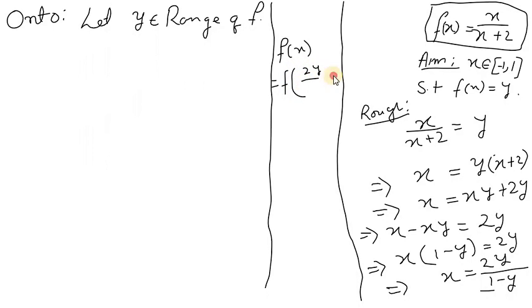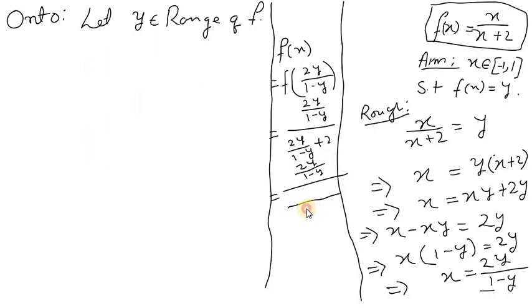So this x/(x+2) means [2y/(1 - y)] divided by [2y/(1 - y) + 2]. You solve the denominator: the LCM is 1 - y, so 2y + 2(1 - y) = 2y + 2 - 2y = 2. Now the 2y and minus 2y terms cancel, so you get 2y in the numerator and 2 in the denominator. Cancelling 2 and 2, you get y. So you see f of this is equal to y.